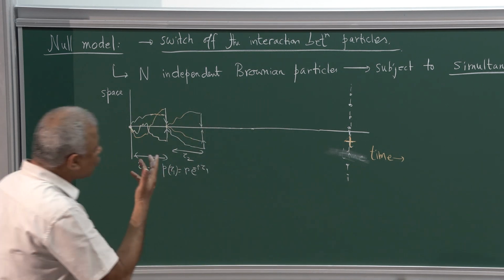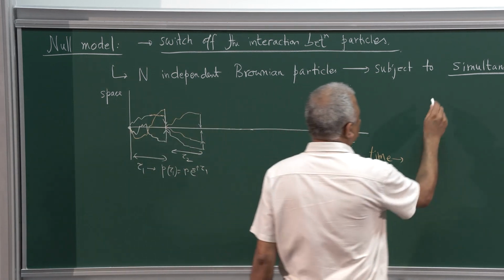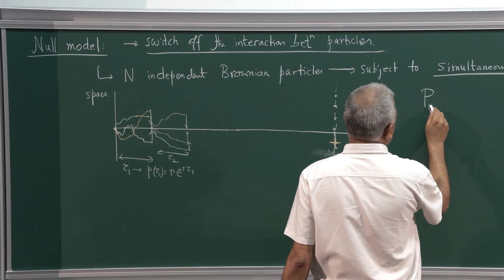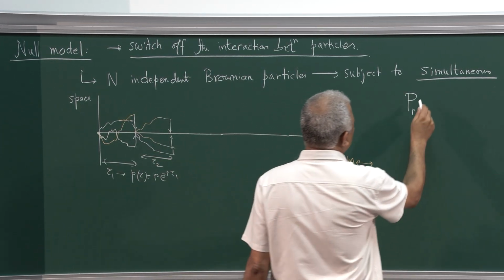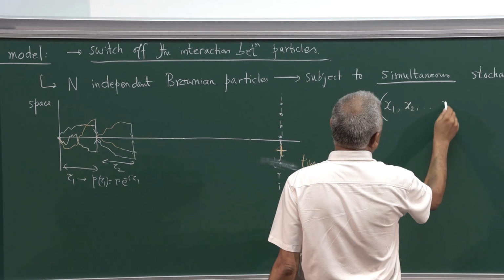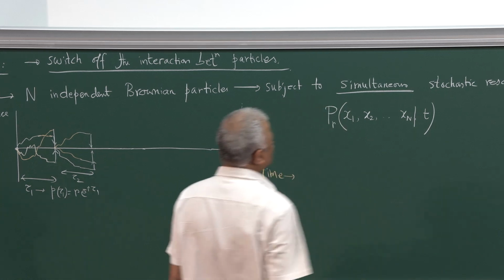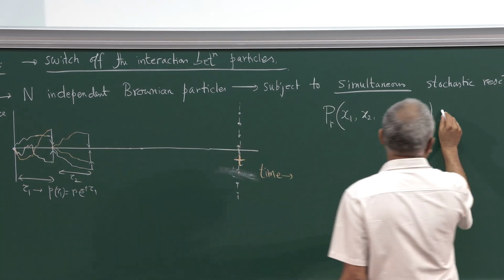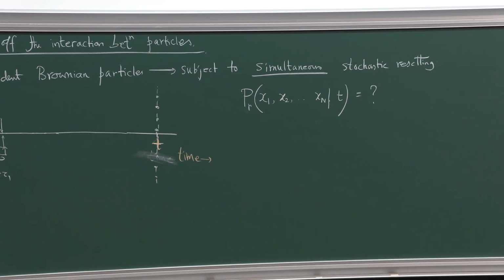And I want to know what is the joint distribution of the positions of the particles. I put a subscript r here to denote that this is resetting. So I want to calculate the joint distribution of the positions of n particles at time t. So that's the problem.